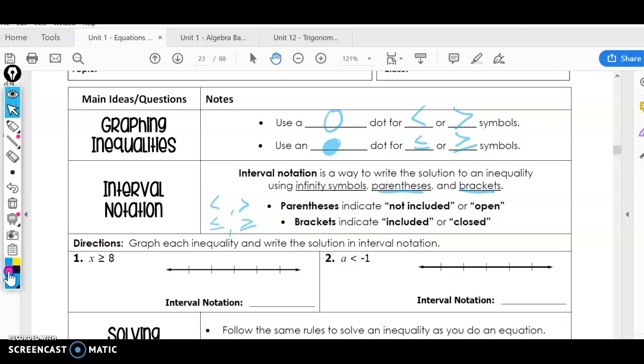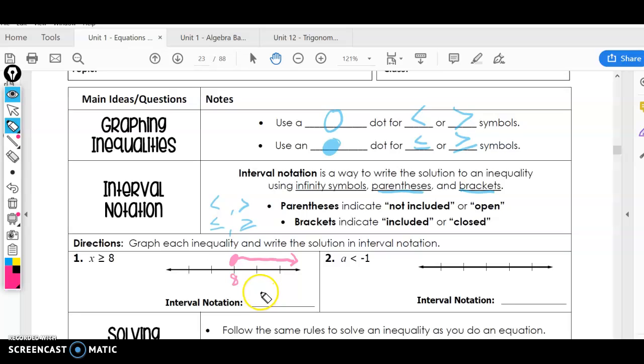Example, like in number 1, x is greater than or equal to 8. I'm just going to write 8 right here. Since it's equal to, we're going to make a closed dot, and everything greater than it, we draw an arrow. Writing this in interval notation, we start with the lowest part on the left and go to the greatest part.